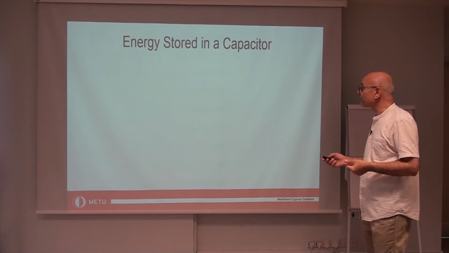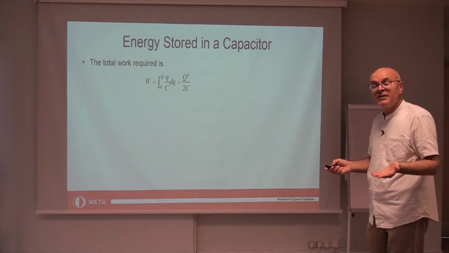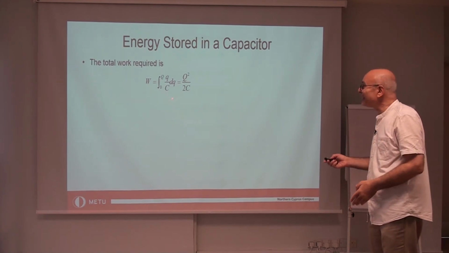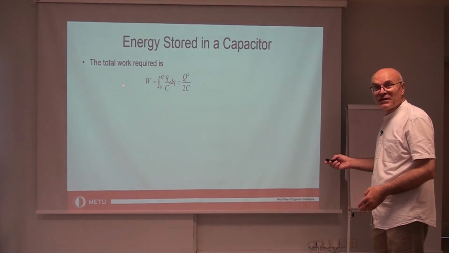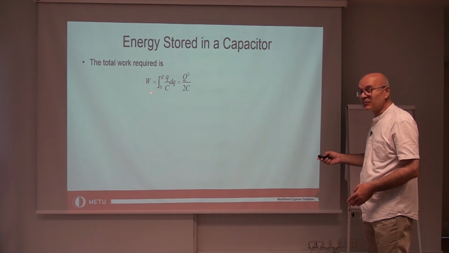Okay, I want to find what is the total work then, which is at the same time the total change in the potential energy. It is the integral of this. So this is the dW, q over c dq, that we have just shown.